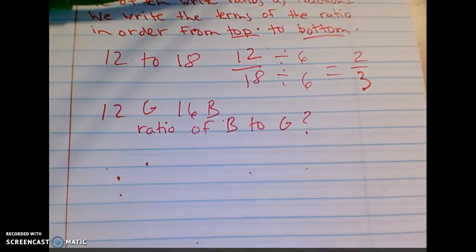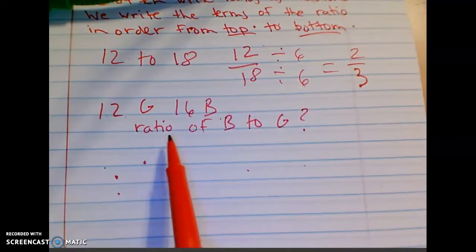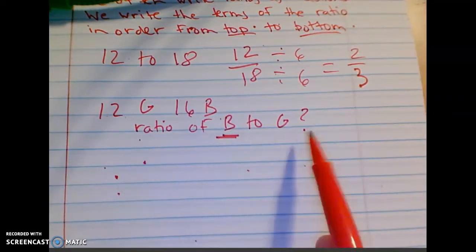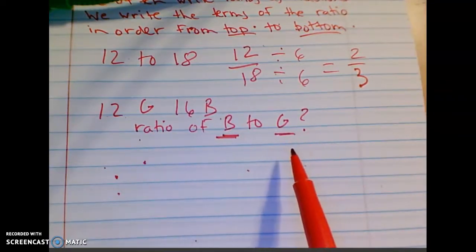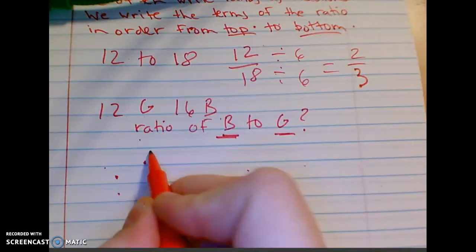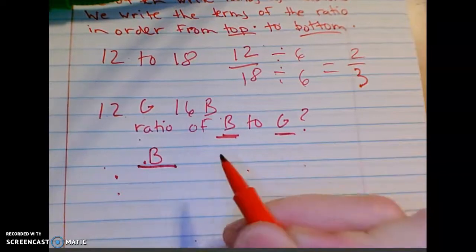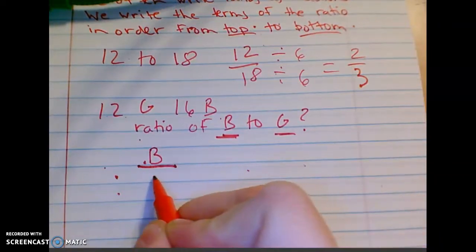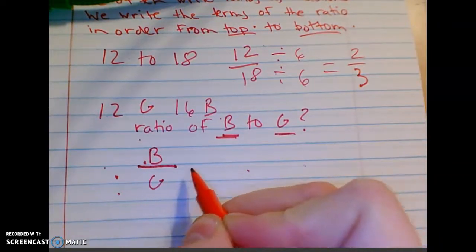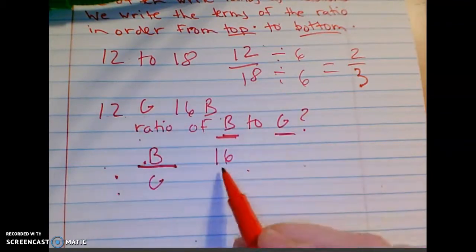First we place the numbers in the correct order. This is very important, so read it carefully. Ratio of boys to girls. Since we follow the order from top to bottom, we write the number of boys on top as the numerator and the number of girls as our denominator. So how many boys? 16. How many girls? 12.